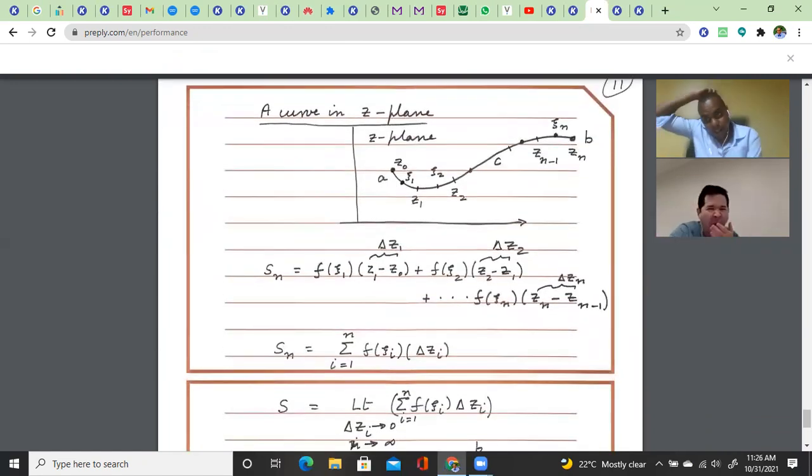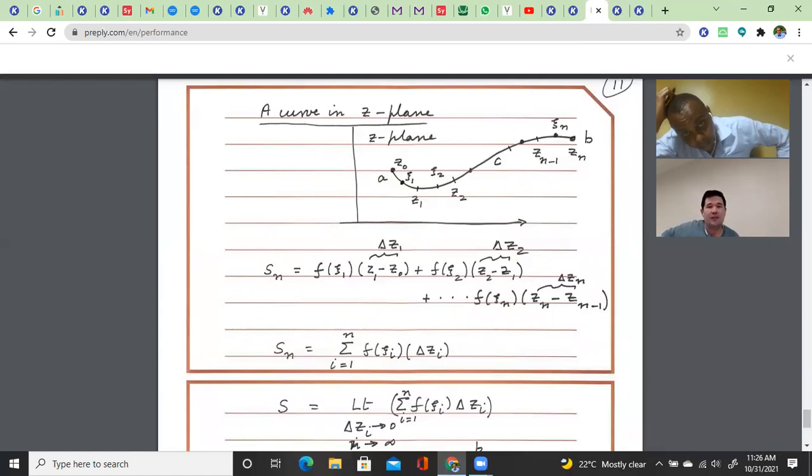So a curve in the z-plane is going to look like that. What's the letter? Epsilon, looks like epsilon, phi. What is he trying to say?